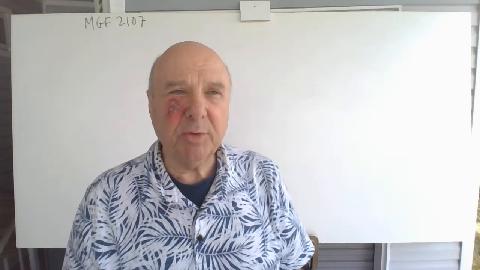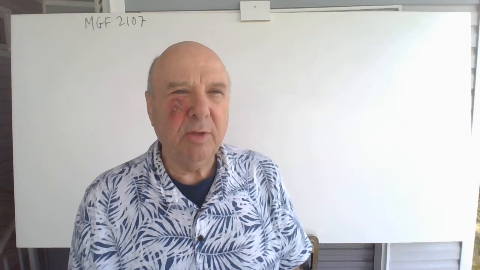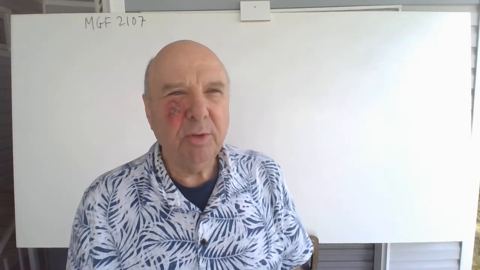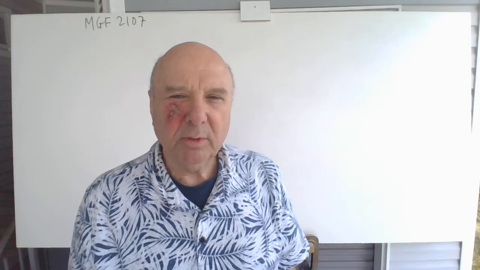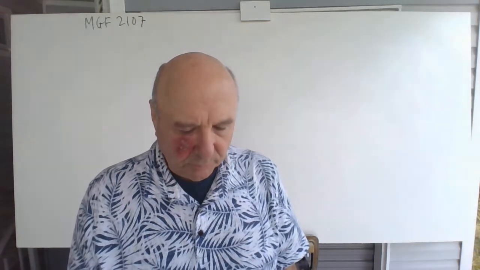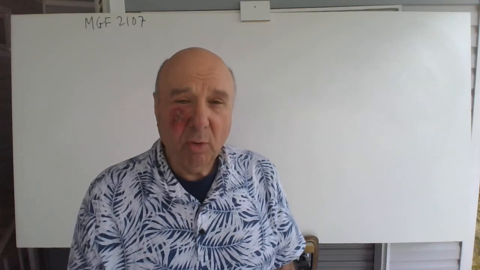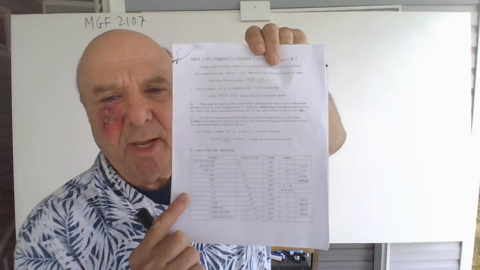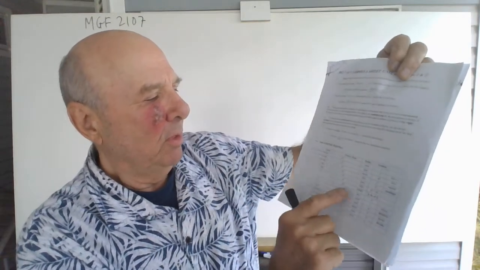And you can see the metric measurements on containers that you buy, whether it's liquid containers or cereal for weight or whatever. Distances, you'll see distances measured in both systems. So if you look at your formula sheet in the very middle at 10 to the 0, it says unit.